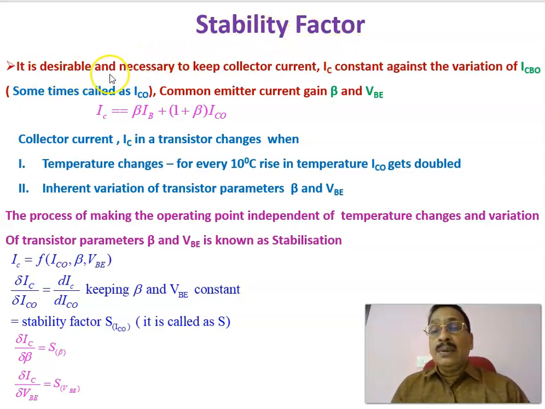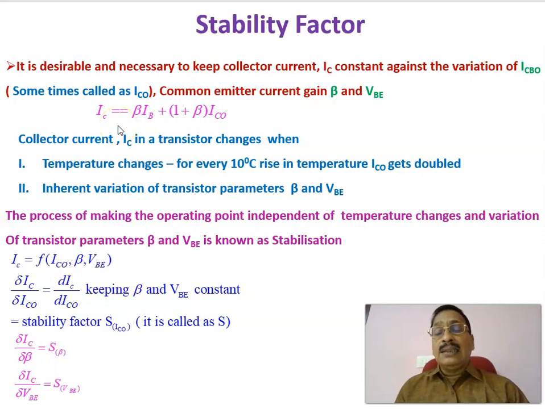It is desirable and necessary to keep the collector current IC constant against the variation of reverse saturation current ICBO, sometimes called ICO, common emitter current gain beta and VBE. Against these variations of ICO, beta and VBE, we have to keep the collector current constant, or keep the operating point constant.